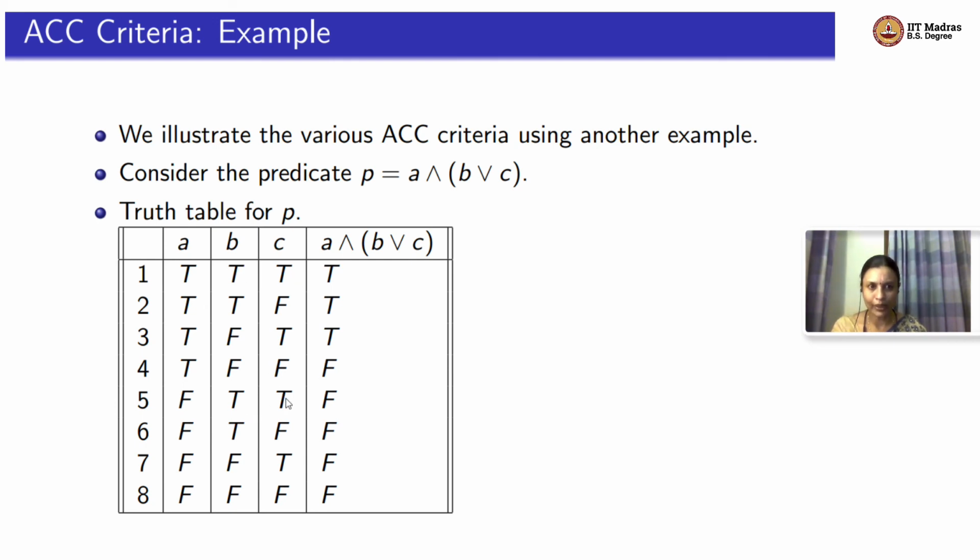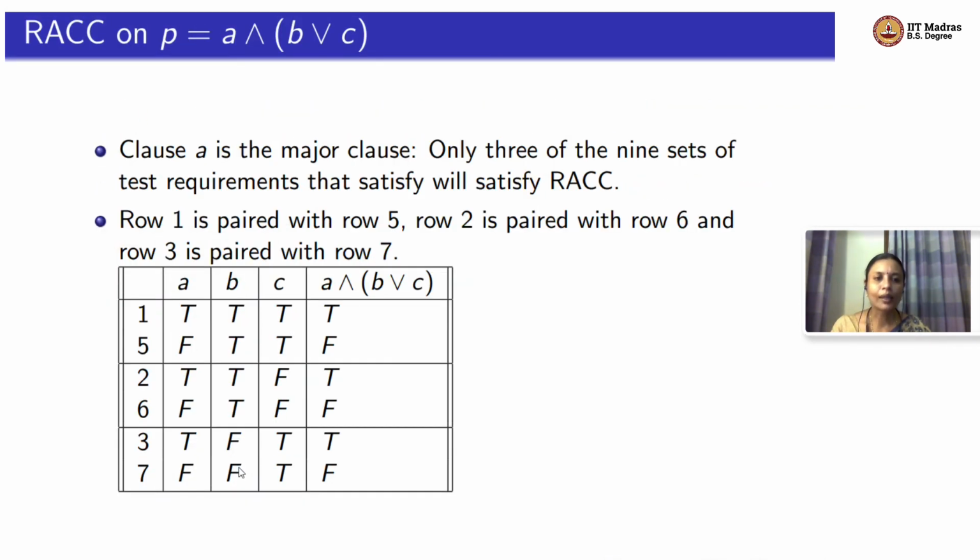Similarly, I can pair row 2 with row 6. A is true once, false once. Minor clauses B and C, in both cases, B takes true, C takes false. Similarly, I can pair row 3 with row 7 for the same reason. A true, A false. Minor clauses B and C take exactly the same value.